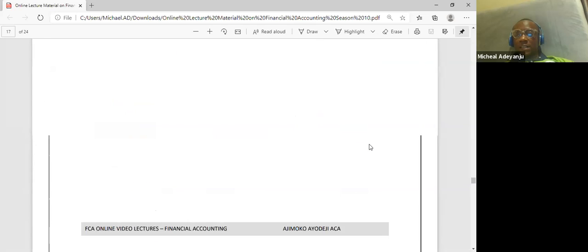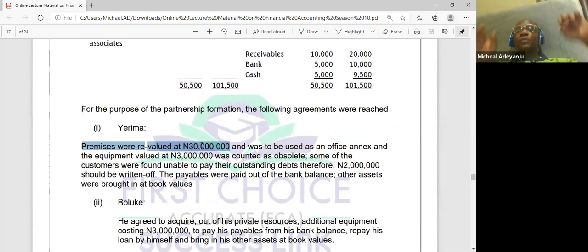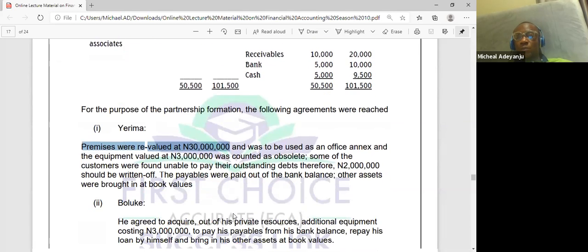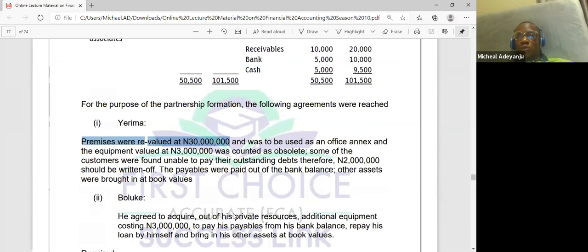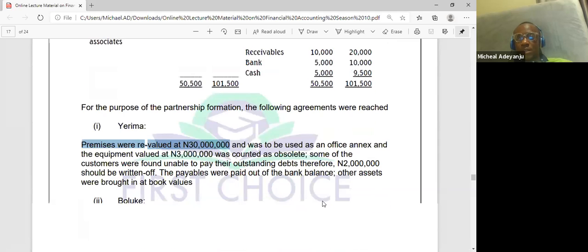It also states that 3 million naira from office equipment of Yerima was also obsolete. So in other words, out of 10 million naira of Yerima's office equipment, 3 million worth of office equipment is actually not good. So we will deduct 3 million naira from this 10 million naira. It's going to give us 7 million.